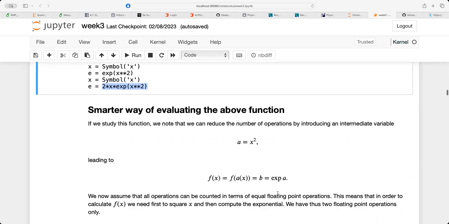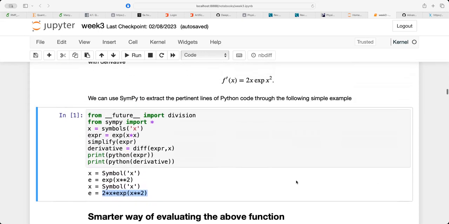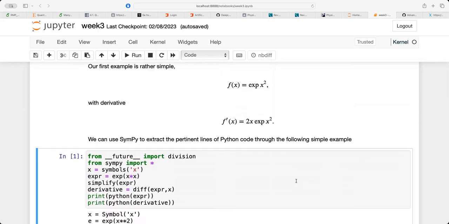That means that for the function itself there is no saving. If you go back to the function and count the operations, I have x times x, that's one multiplication, and then I need to take the exponential. Now, if you were to count the number of flops, taking the exponential is much more expensive than doing a multiplication.